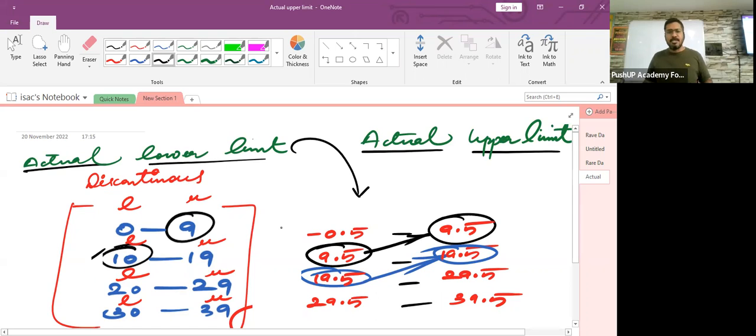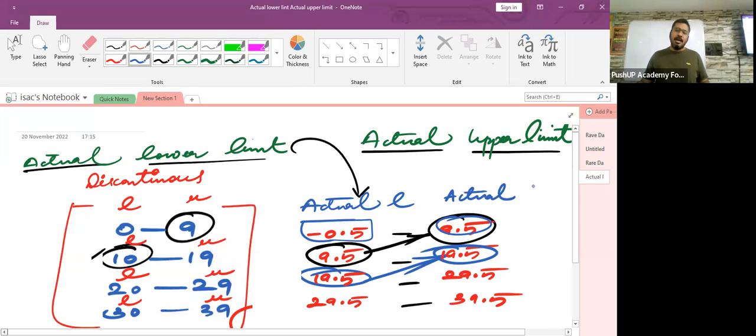Once we do that conversion, did you notice here, I'm having minus 0.5. This minus 0.5 will be called the actual lower limit, and this 9.5 will be called the actual upper limit. Are you getting the difference, children? For any given class interval, whatever values are given to you are called lower limit and upper limit.